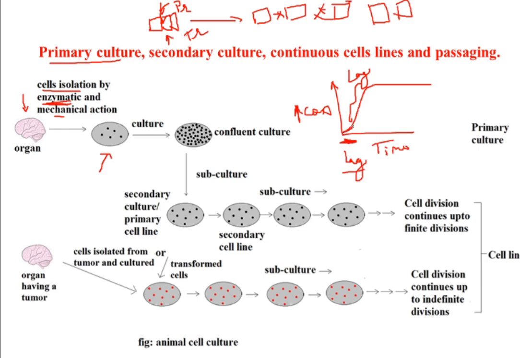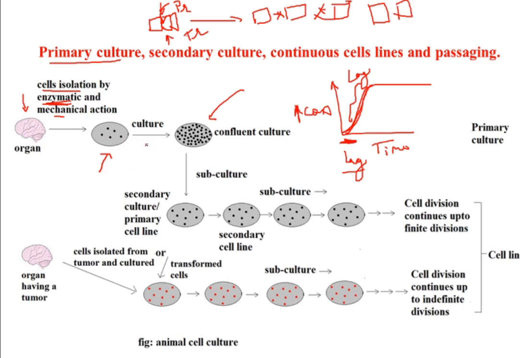So here, after completion of lag phase comes the log phase, the phase where the cell divides continuously. And here you can see the number of cells is less, exactly the number required for seeding. Then the media is going to provide all the nutrients required for the cells to grow and divide.